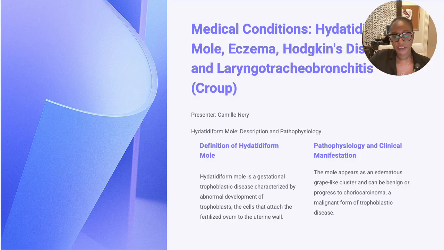As I mentioned, the mole may appear edematous, as a grape-like cluster, and of course it can progress into a choriocarcinoma, which is a malignant form of trophoblastic disease.